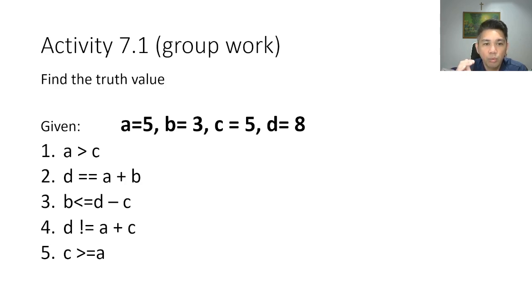So try to predict what is the truth value for every item. And you just send your work to Schoology to determine if it is correct or incorrect. Thank you so much. Do your activity now.